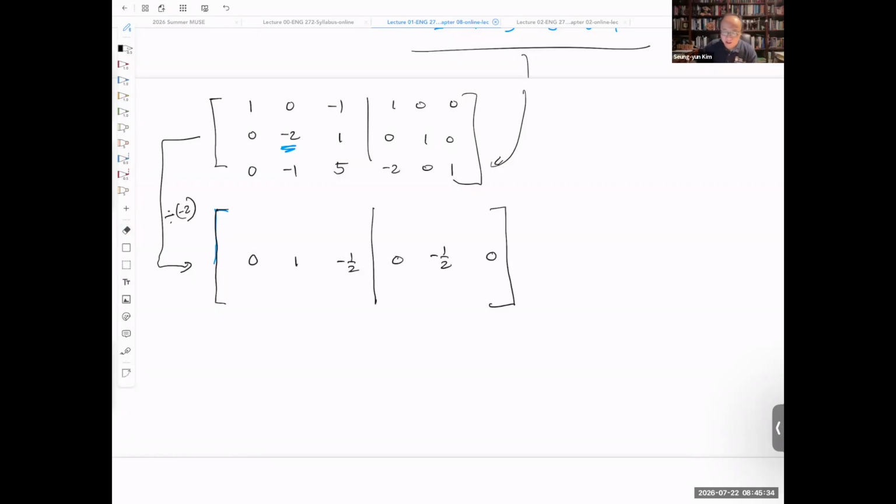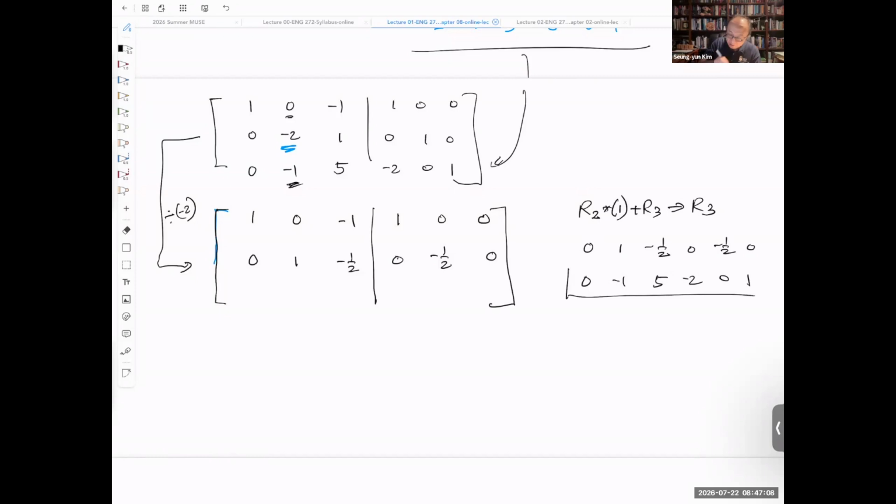Now we have to use R2 to make the upper number and lower number 0. We already have the upper number as a 0, yay, just copy this down. And then the third number, we want to make 0. We need to use R2, so R2 times 1 plus R3, put it back in R3. We copy down R2: 0, 1, negative 1 over 2, negative 1 over 2, 0, and R3: 0, negative 1, 5, negative 2, 0, 1.